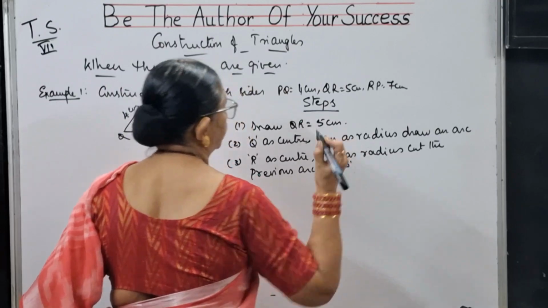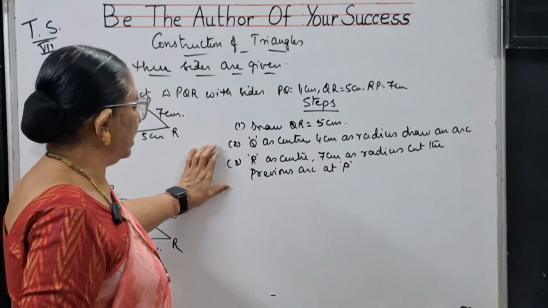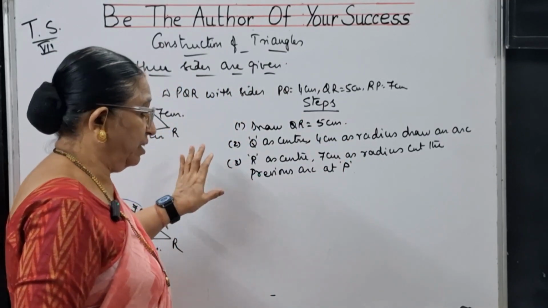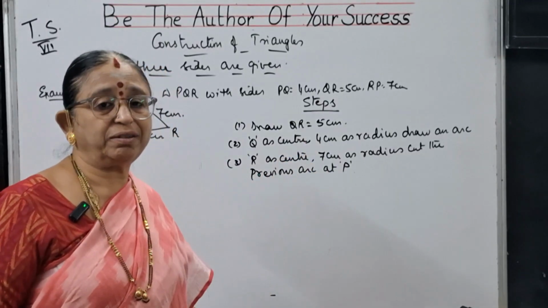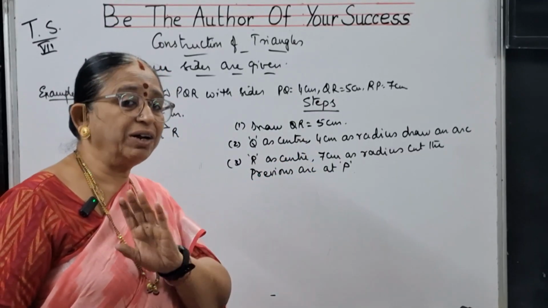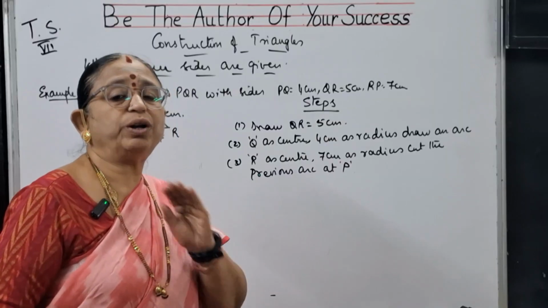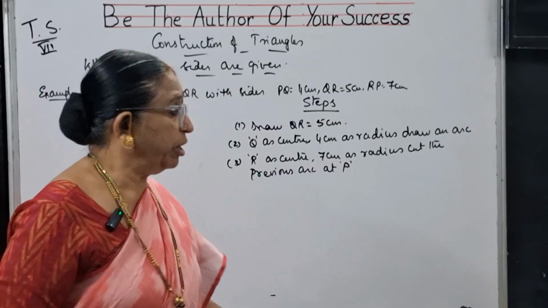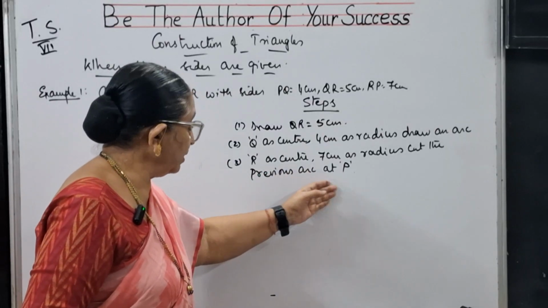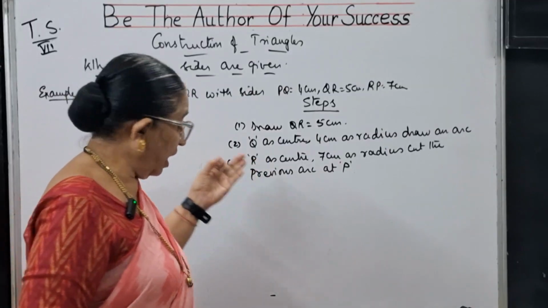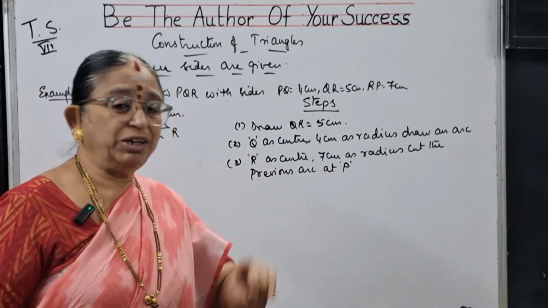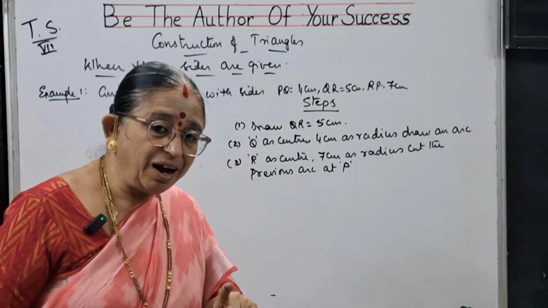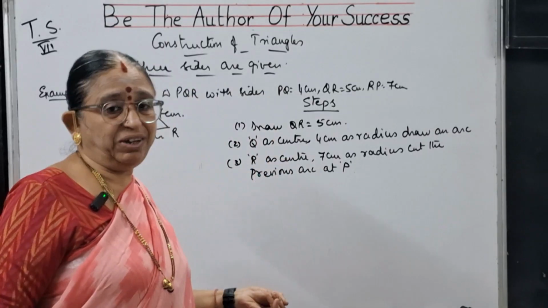At P. See, this step will clearly give you an understanding. One thing you remember, children, when you have drawn a 4 centimeters radius arc, you did not get any point. So you could not give any name to it. But when you go with the other construction, where R as center, 7 centimeters as radius, when you have drawn an arc, that arc has cut the previous arc.